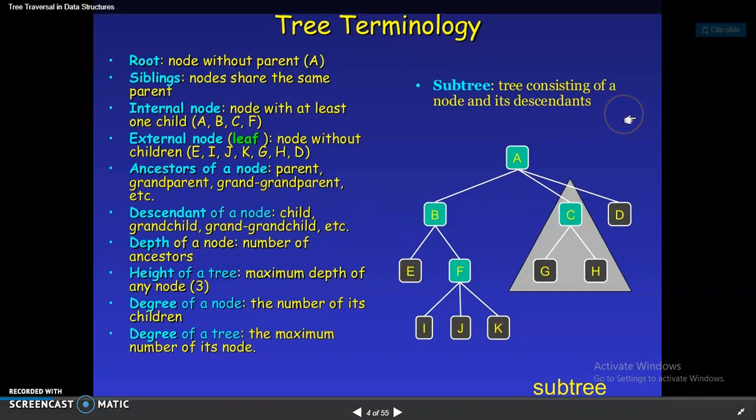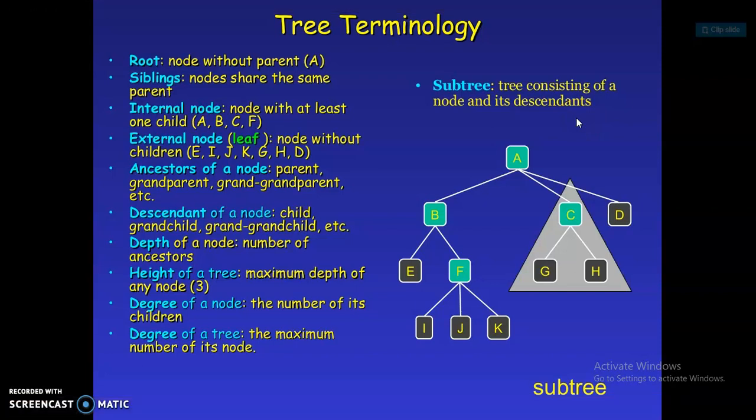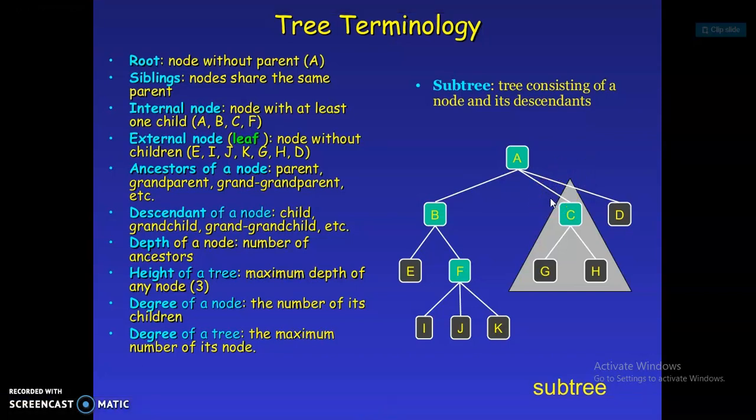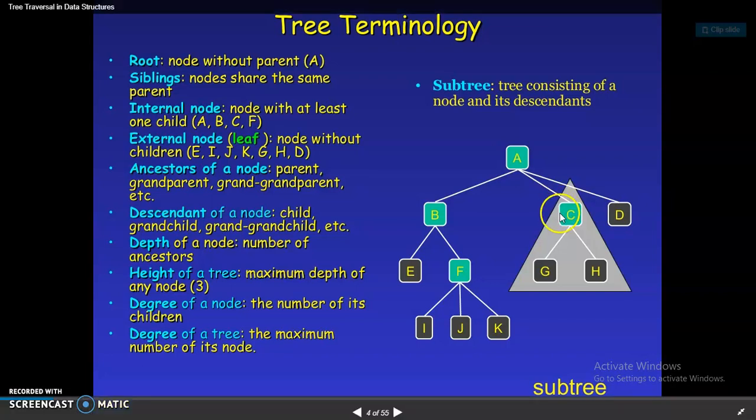Next, a subtree is a tree consisting of a node and its descendants. Whenever you take a part of the tree which has one node and its child nodes, that can be called a subtree. So here C has G and H as the two child nodes. C is the parent node for G and H. This part of the tree can be called a subtree.